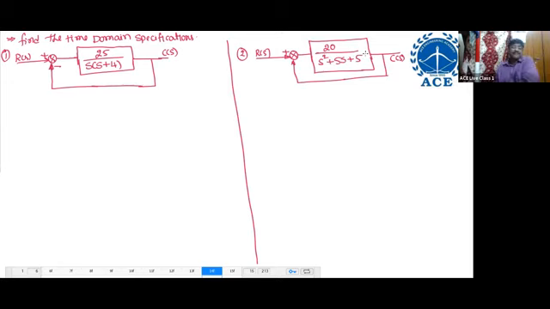Hurry, first solve the first problem. Find the closed loop transfer function, omega n, zeta, omega d.